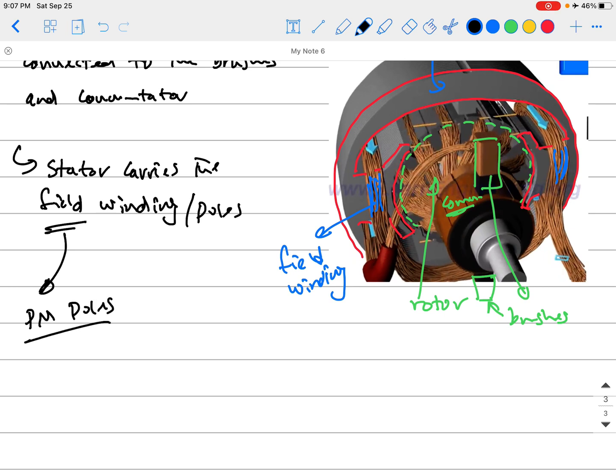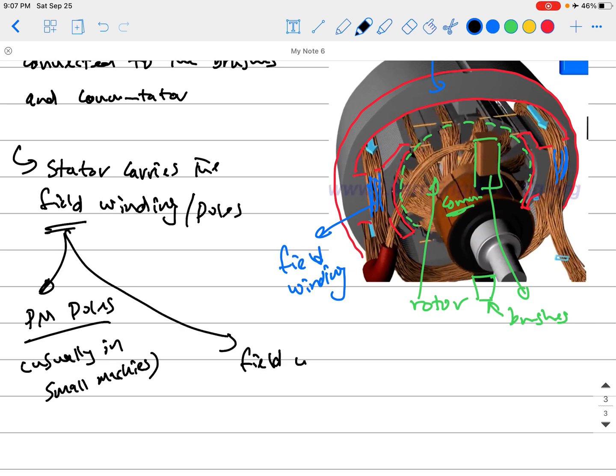This is usually used in small machines, the ones you can find in toys and all that stuff, or it can be created by field winding coils like we said here. And this is the typical use. So you just have coils carrying current.